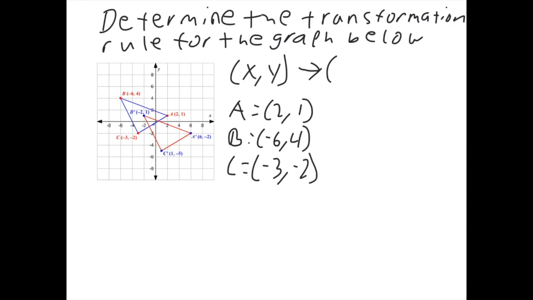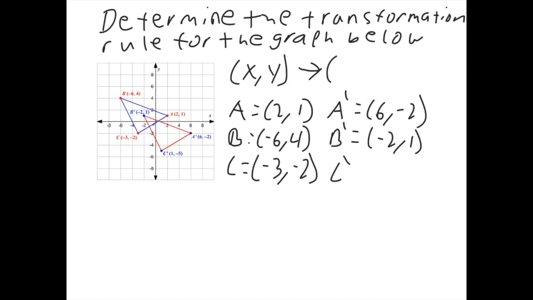And then our translated triangle, our image, is A prime, which is the point 6, -2, B prime, which is -2, 1, and C prime, which is 1, -5.